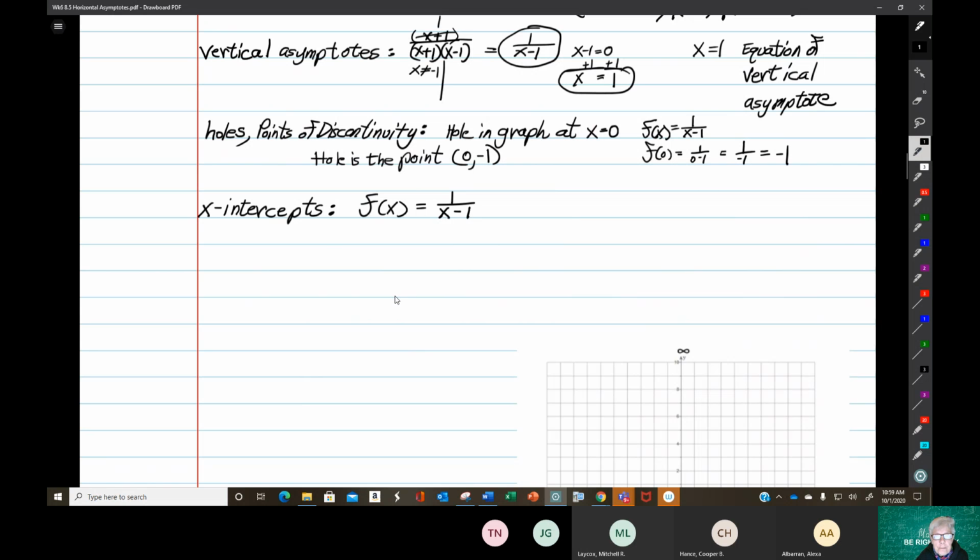The method for finding the x-intercepts is this.